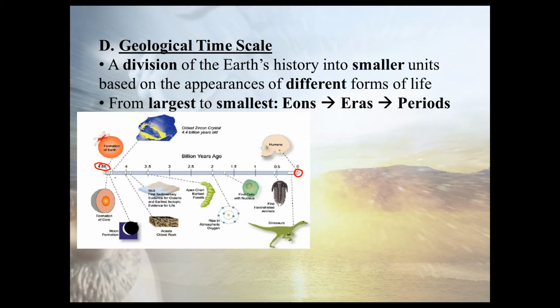We can take the timescale and break it down into specific units of time, going from an aeon to an era to a period. Here's the analogy I'll use, because the aeon, era, and period are huge amounts of time, so let's use something we're more familiar with. Let's take an hour.